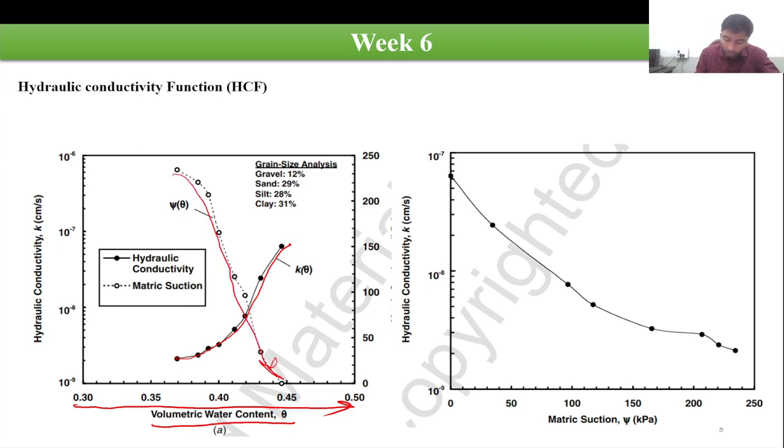So the hydraulic conductivity and the volumetric water content have a proportionate relationship, and the suction value and the hydraulic conductivity are inversely related. As the suction increases, the hydraulic conductivity will decrease, right? So here you can see as the matrix suction is increasing, the hydraulic conductivity is decreasing.